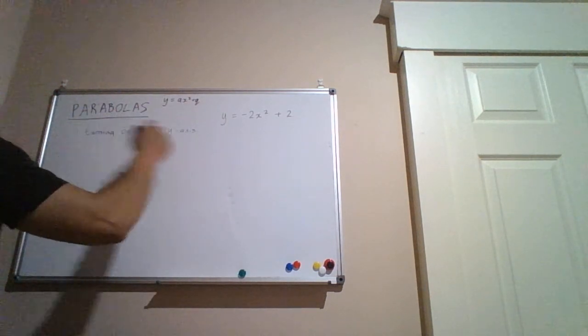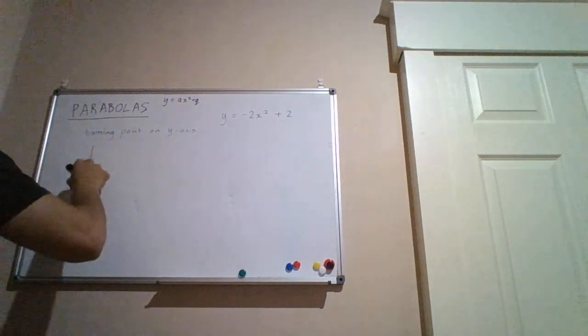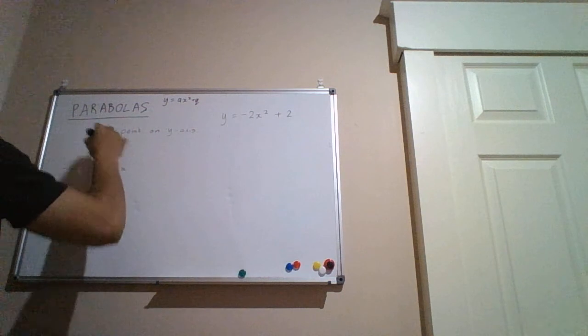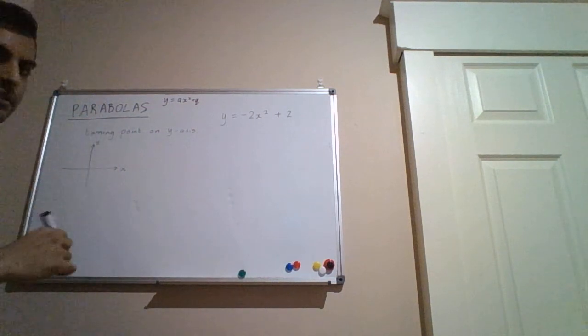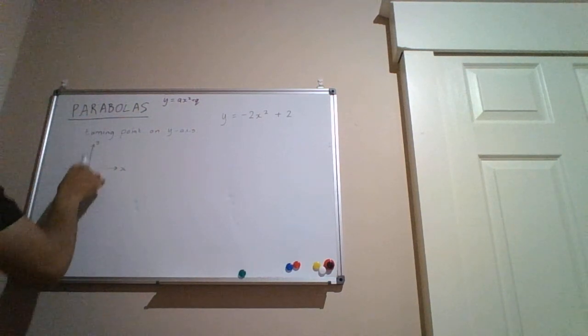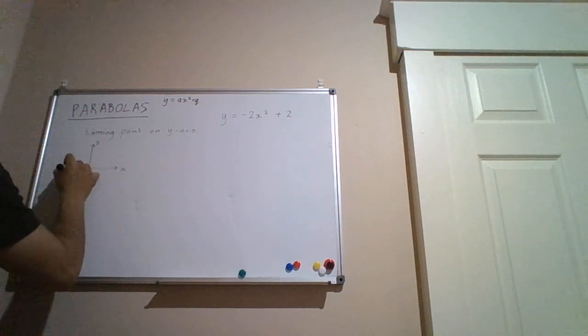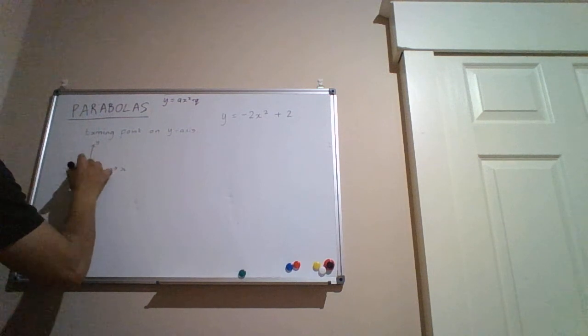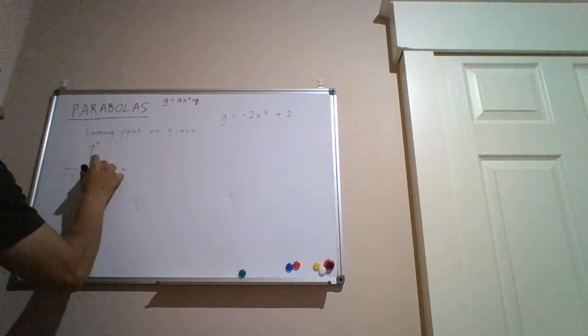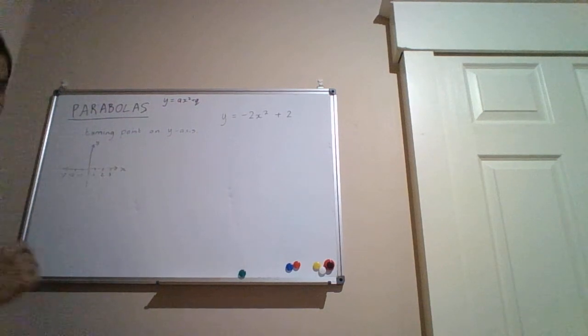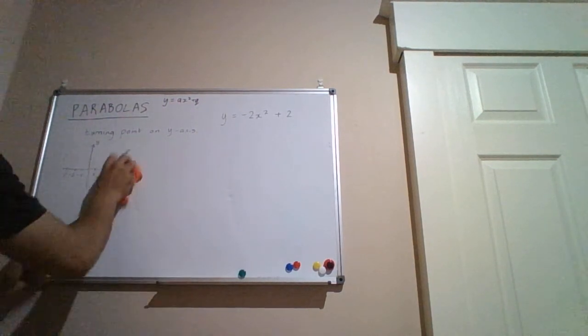So if I just redraw the axes, x and y, we can see that along the y-axis, the value of x is 0. So if x is doing this, minus 3, minus 2, minus 1, 0, and then 1, 2, 3, the value of x is 0.